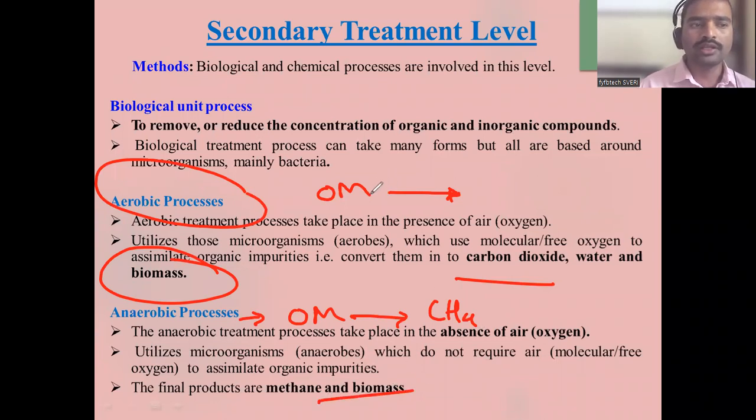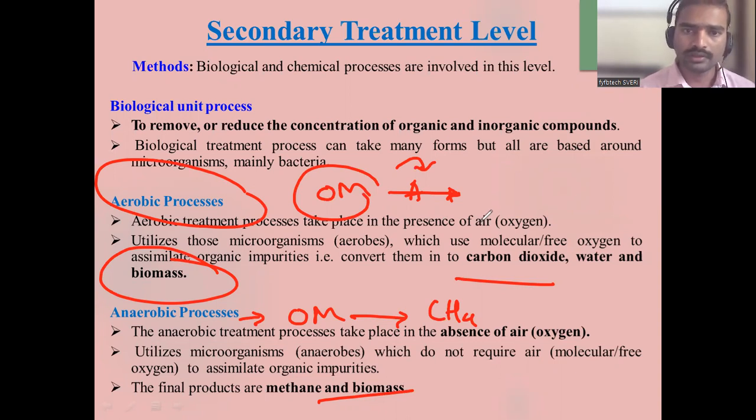In the aerobic process, which type of bacteria are present? Aerobic bacteria. In the anaerobic process, which type of bacteria is present? Anaerobic bacteria. Does this aerobic process take place in the presence of oxygen or in the absence of oxygen?